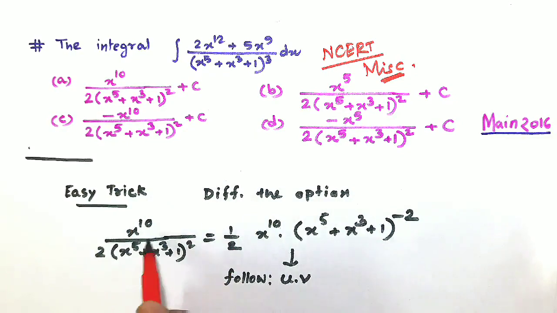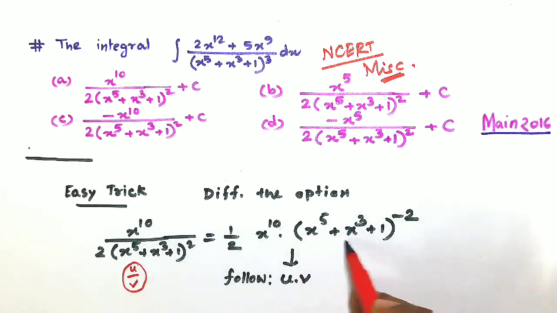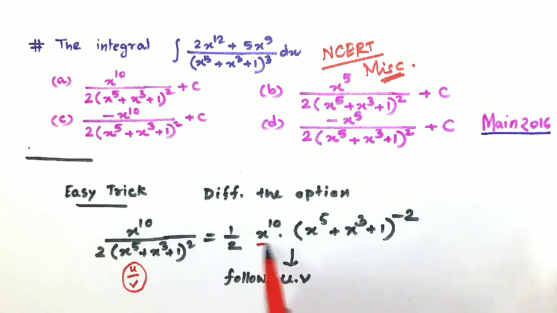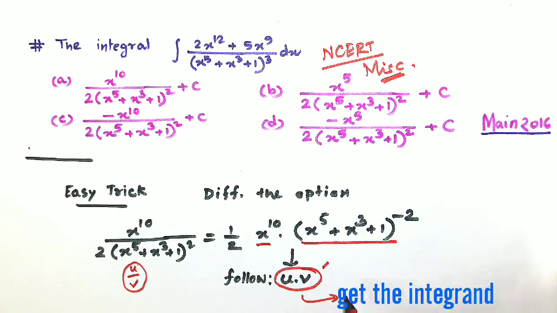And here, if you think that you will do it by u by v, then this is again a problem, because in the denominator it will be whole to the power 4. So this is very difficult. Better you do this: x to the power 10 into, take this to the numerator, so (x to the power 5 plus x cube plus 1) whole to the power minus 2. So this is u into v. When u into v is here, you just differentiate this one, and in only 2 steps you will get option A.